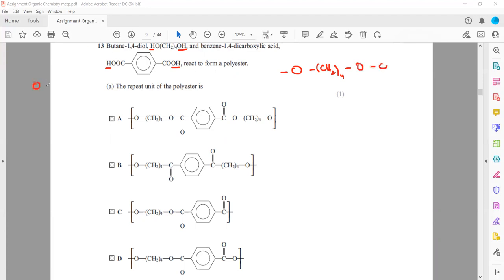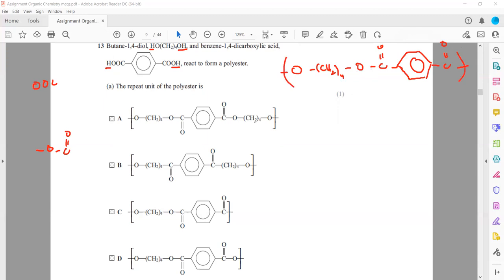OCC means O, then C double bonded with O. Then there's a benzene ring. Then there's C double bonded with O, and then it is OH being removed. So we'll put a bracket.